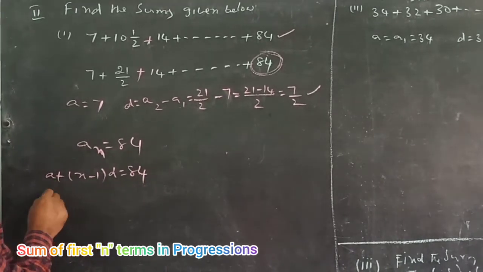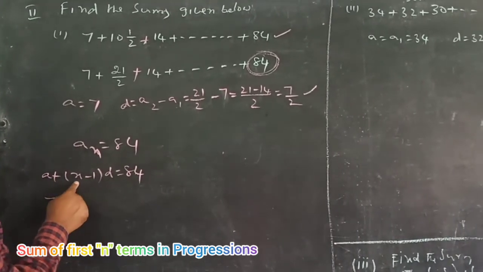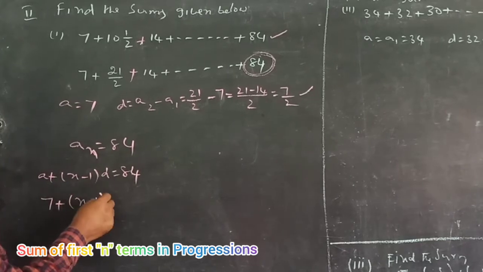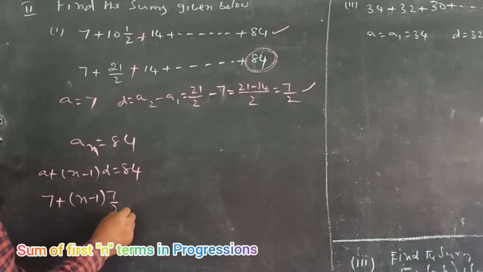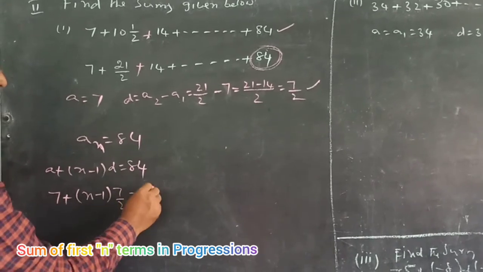a value 7 plus (n minus 1) into d, value 7 by 2, equals 84.